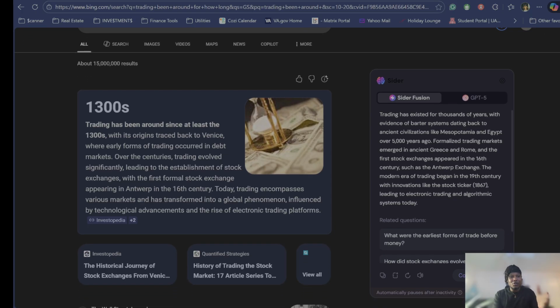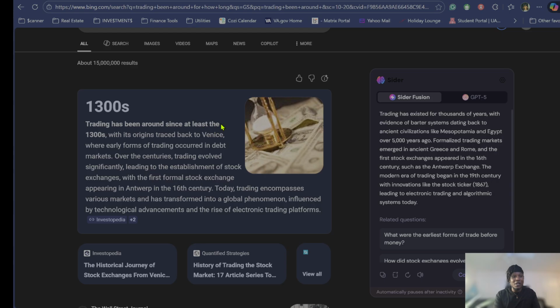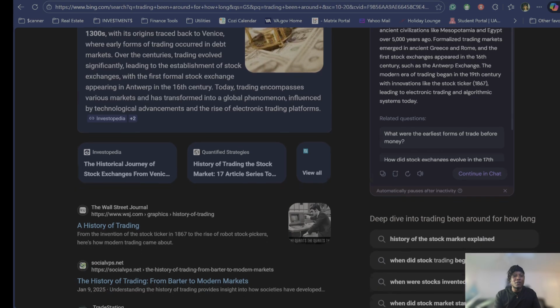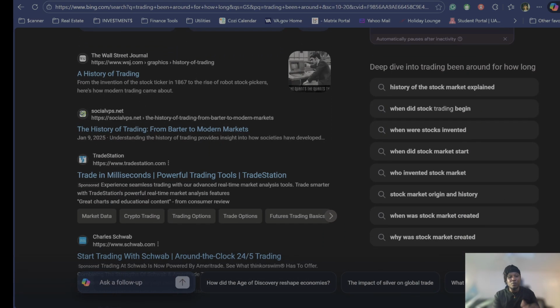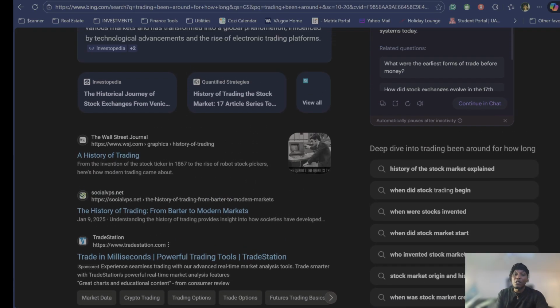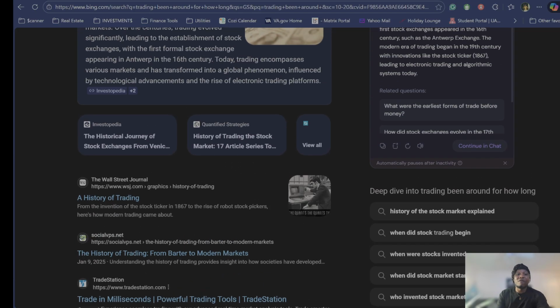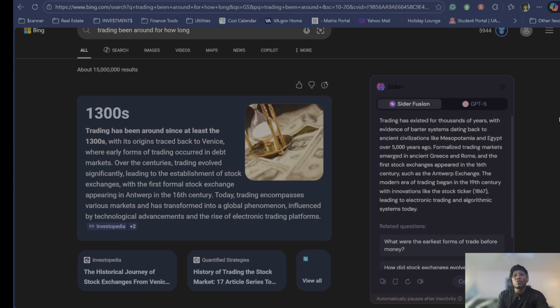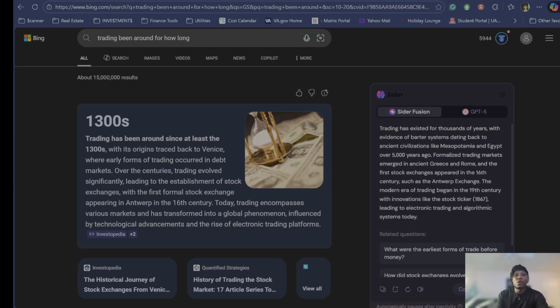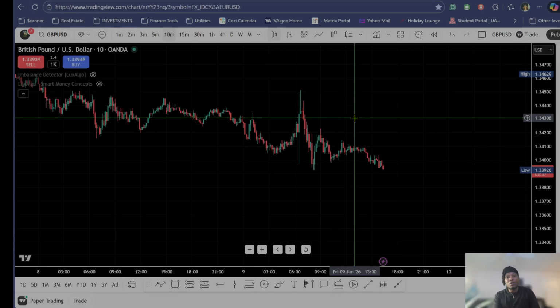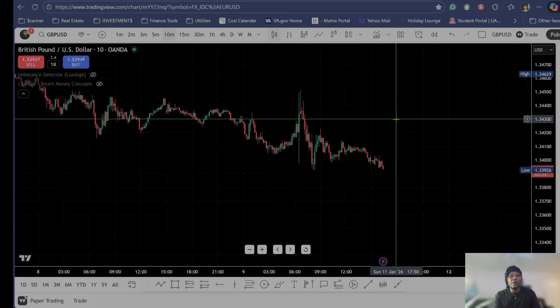But I'm just saying, trading has been around since at least the 1300s. All right, at least. But we could do a deeper dive. We could look at some scholarly sources and see how far back trading really came from. Okay, so information is right at our fingertips. We just got to start using it, right? So trading has been around for a while. Educate yourself on it.